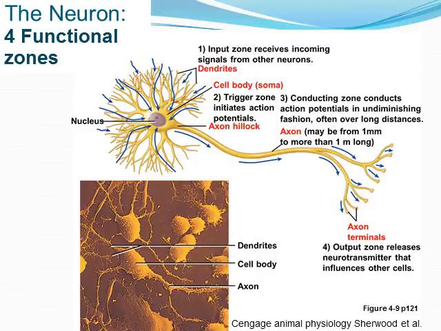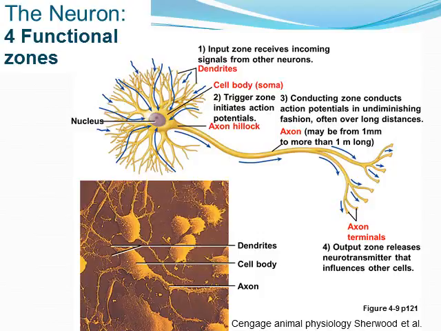So kind of the gate to the whole action potential being fired down the neuron is at this axon hillock, or the trigger zone. If you get enough of an increase in membrane potential that it triggers the opening of those voltage-gated channels in the axon hillock, then you're going to have an action potential, no matter what. Action potentials are all or none, so once they reach threshold, they're going to fire.